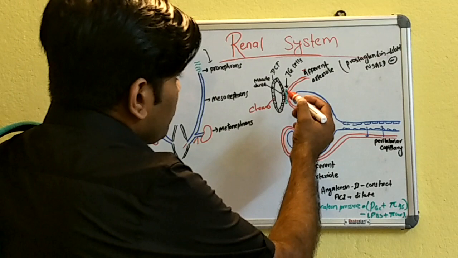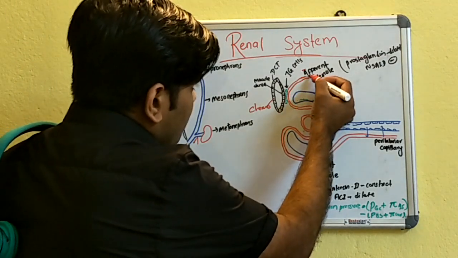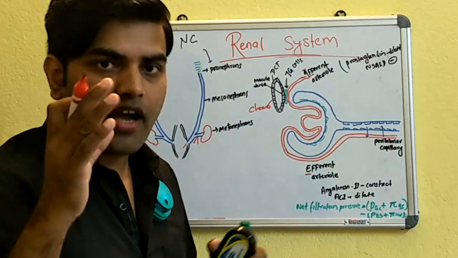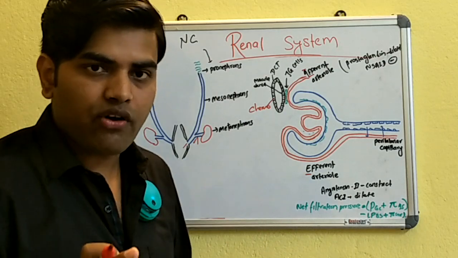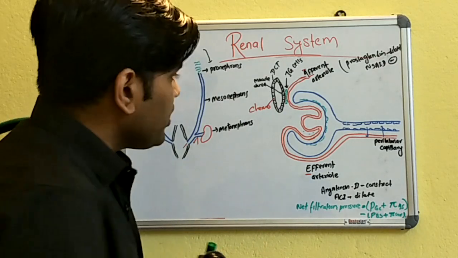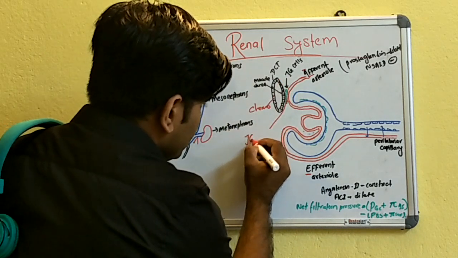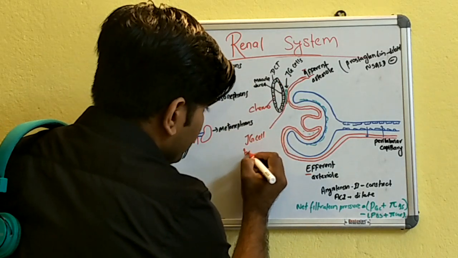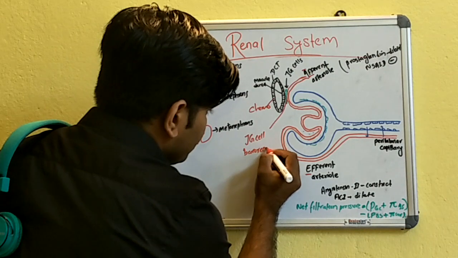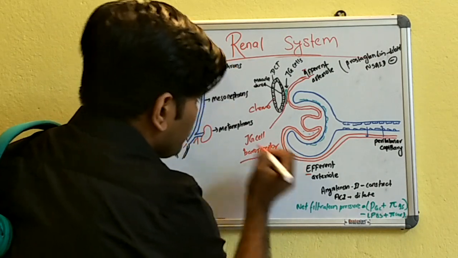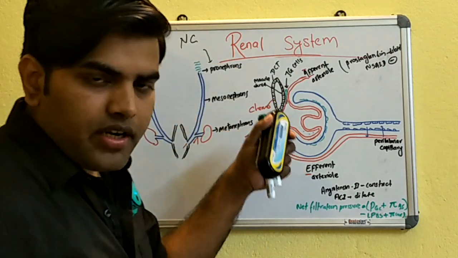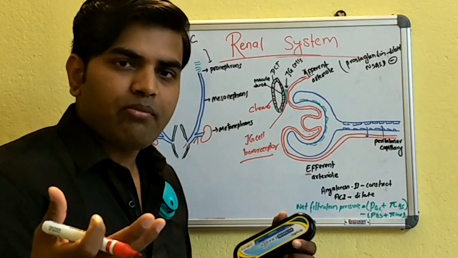Okay. When there is low blood volume, when there is hypotension, there is a baroreceptor. This JG cell is a baroreceptor. This is important, you should know about it. In the kidney, like in the carotid arch, there is a chemoreceptor and baroreceptor.